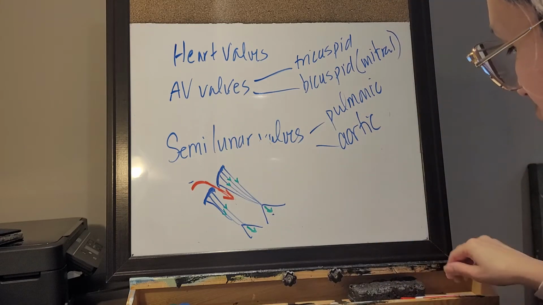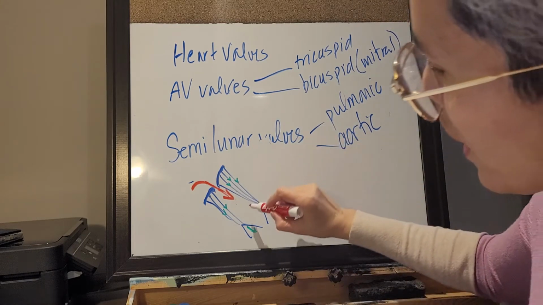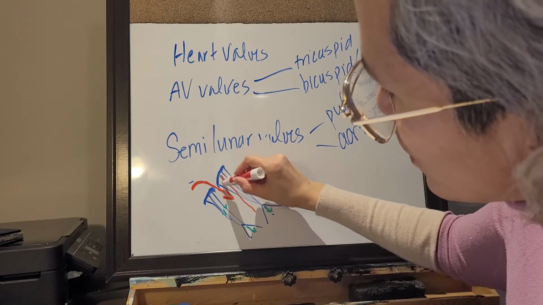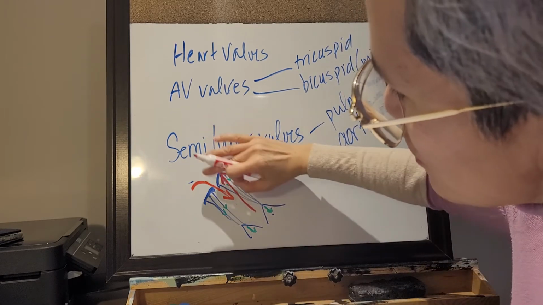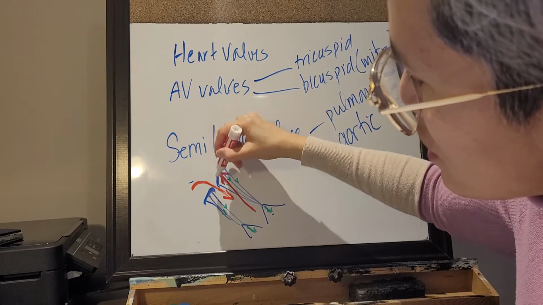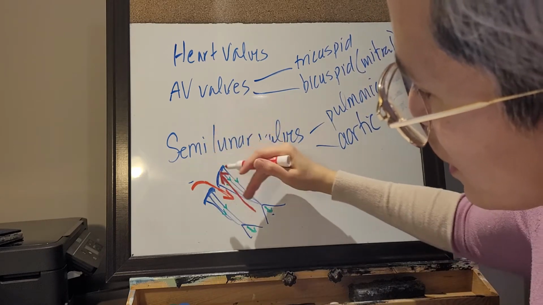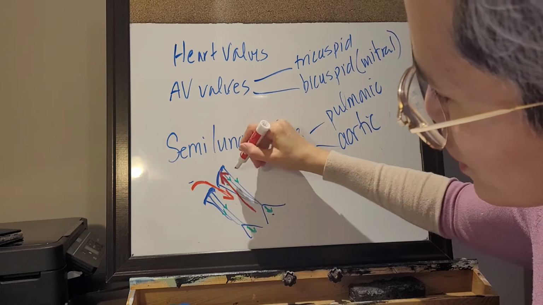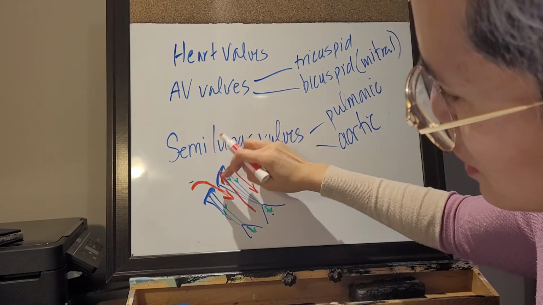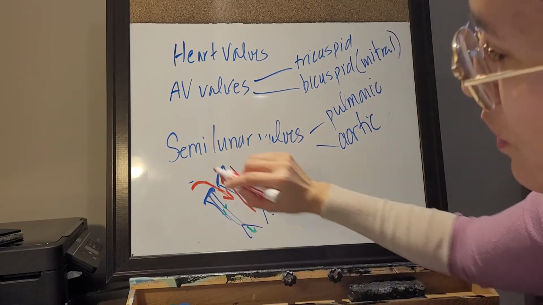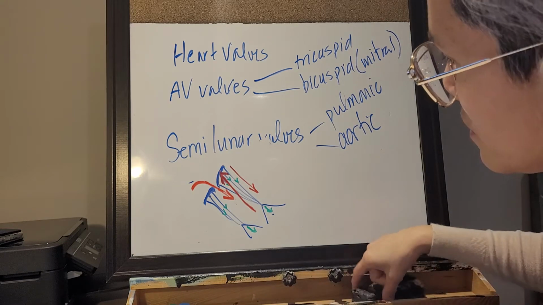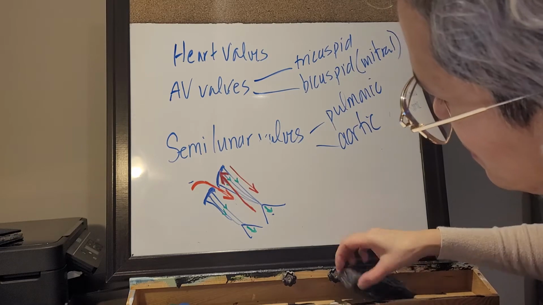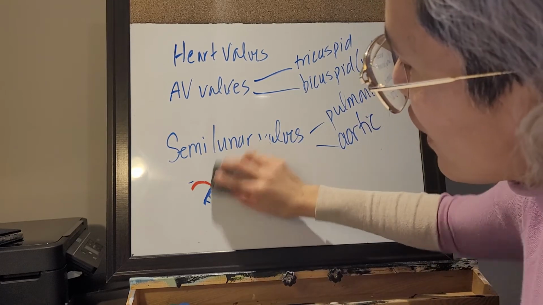So any blood wanting to push in this direction will not be able to push these leaflets out. The force of the pull keeps these valves closed to prevent backward blood flow. And those are the AV valves.